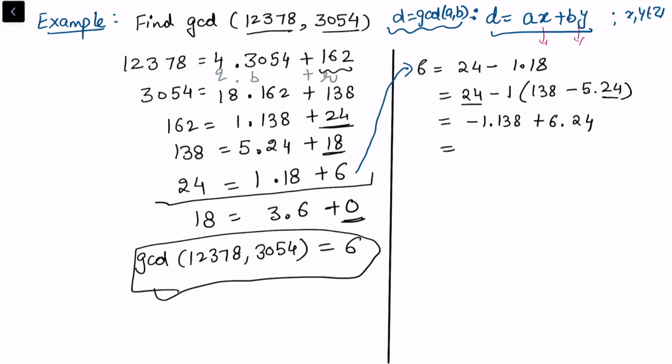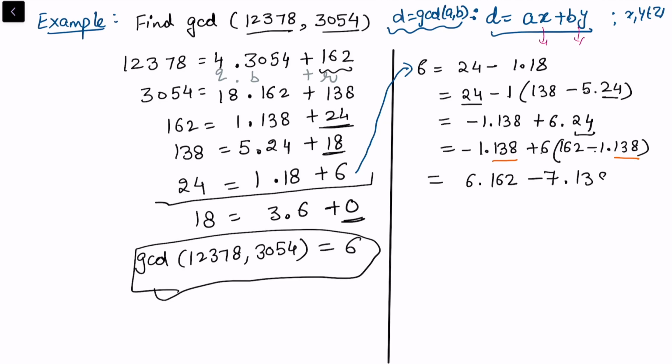Now replace this 24 here. So this gives me minus 1 into 138 plus 6 into 162 minus 1 into 138. So that gives me, now again club these values 138 and 138. So this will give me 6 into 162 minus 6, and then we got a minus 1 here. So this is minus 7 into 138. And now again I want to write down the remainder 138.